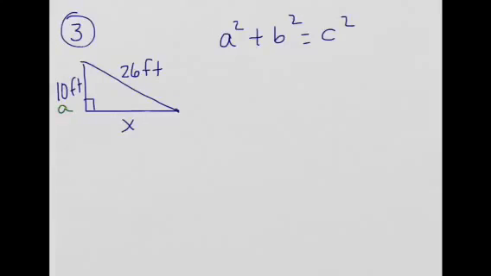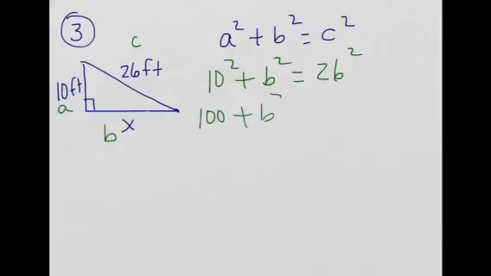All right, the next one. A is our shortest side. B is our middle side. C is our longest side. So 10 squared plus B squared is equal to 26 squared. 100 plus B squared is equal to 676. Is the variable on the left? It is.